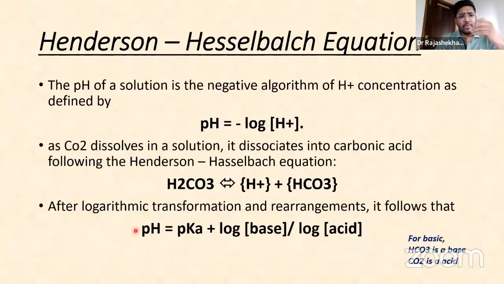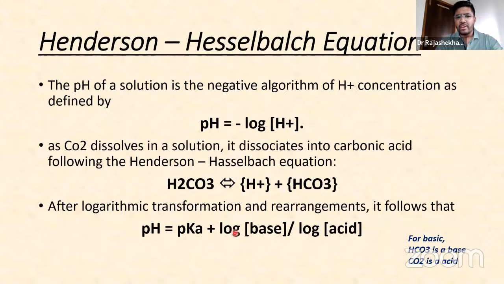So everybody might have gone through the Henderson-Hasselbalch equation, that the pH of any solution is the negative logarithm of the H plus concentration. This H plus concentration is basically coming from the carbonic acid, which dissociates into bicarbonate and H plus. After all the logarithmic transformation, we know this is the equation we are dealing with in day-to-day life.